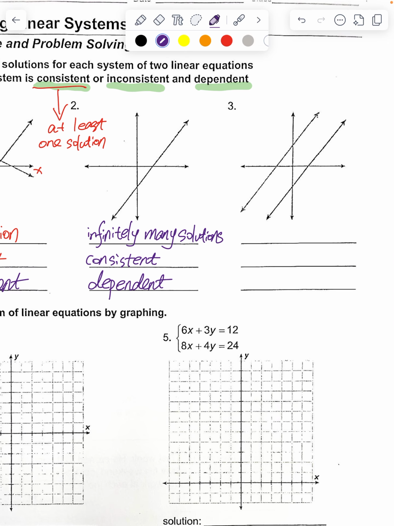Okay, number 3. Number 3, we have two lines, this one and this one. These two lines are parallel to each other. They never cross each other. Parallel lines. So they don't cross each other. That means there's no solution. No solution, that means it's inconsistent.